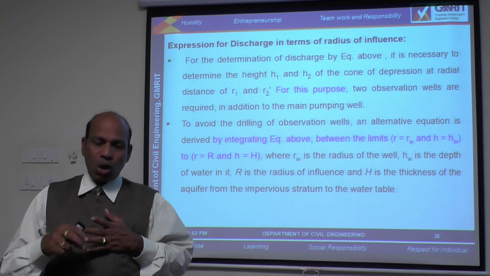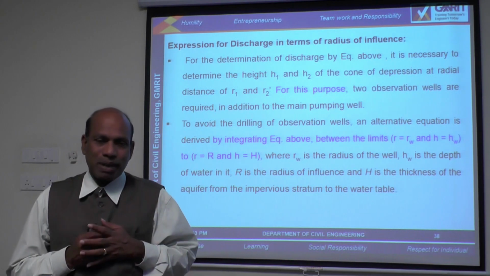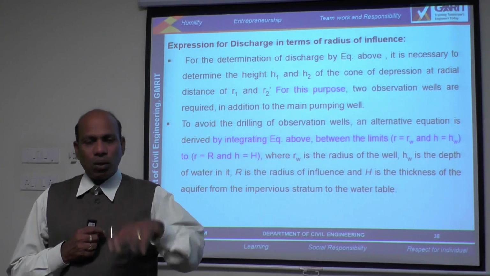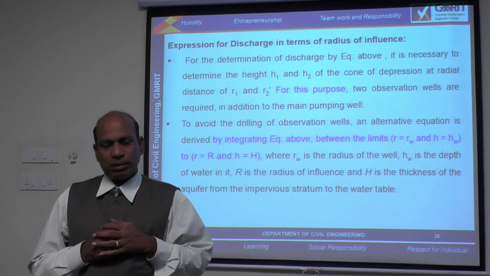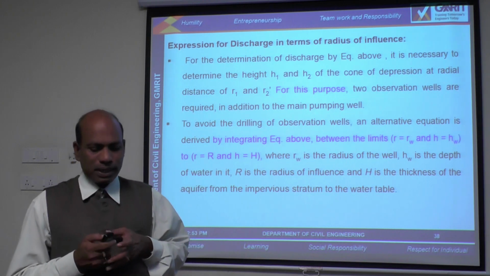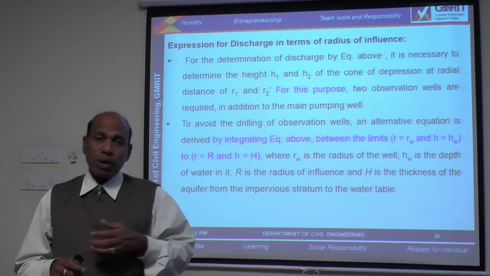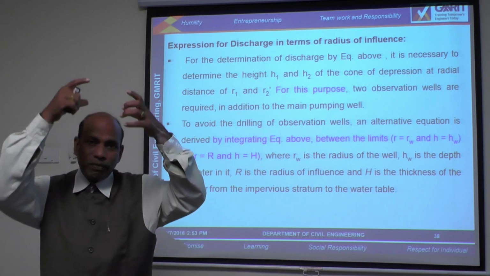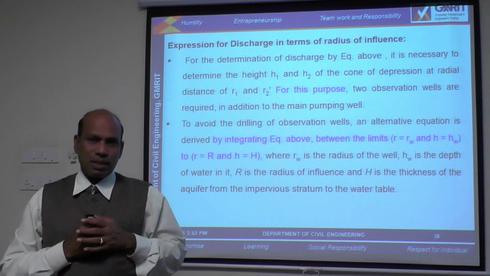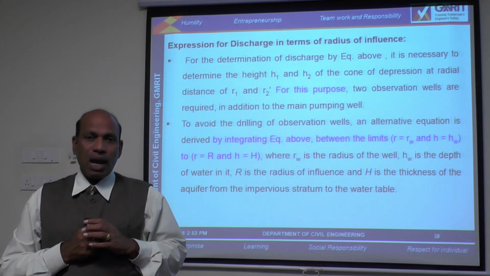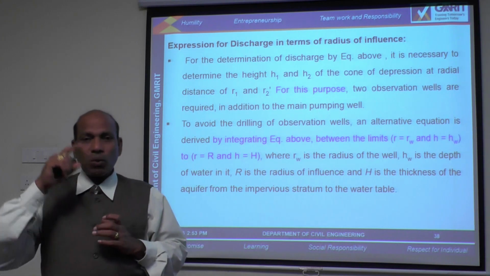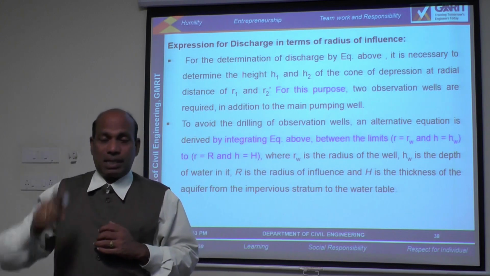So if there are no observation wells, how are we going to determine the flow rate into an unconfined aquifer? For that purpose, instead of taking two observation wells, we are going to take the main well radius, the main well water level, and also the extreme conditions.